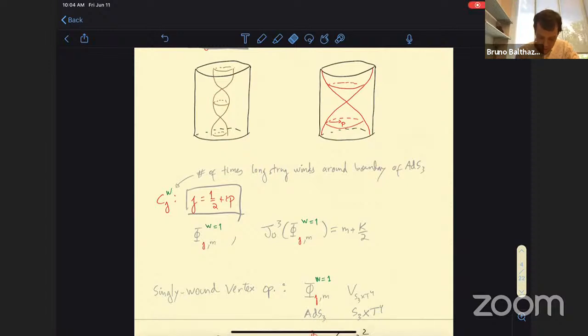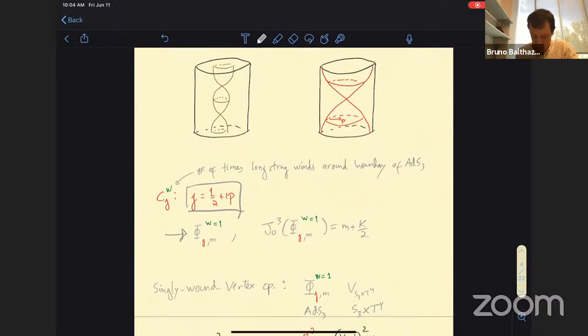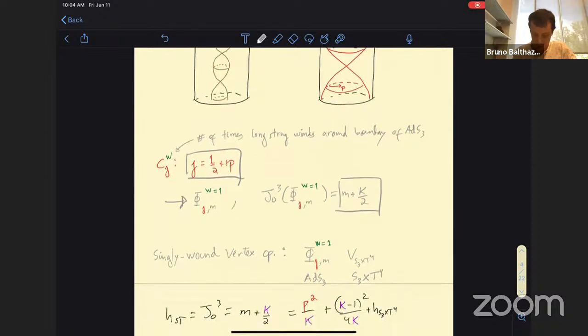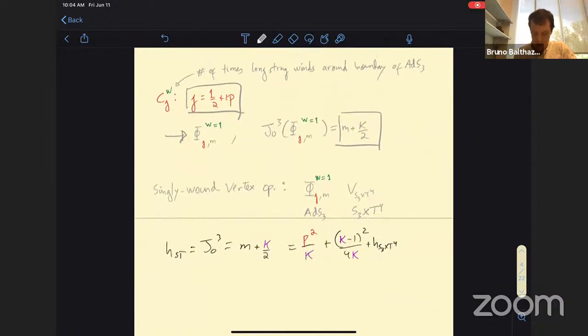The corresponding vertex operator is this phi, written here, and it has a given eigenvalue under the zero mode of the J3 current, given by the quantum number m. And so now you can form worldsheet vertex operators in AdS3 x S3 x T4 by combining phi with an operator in the S3 x T4.